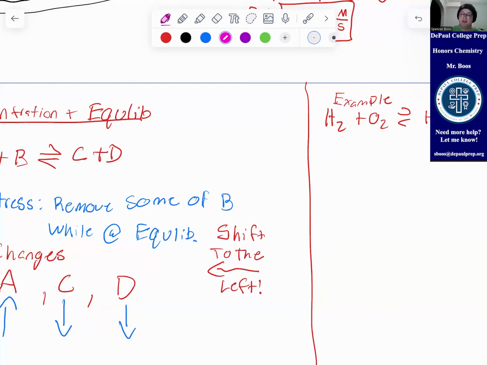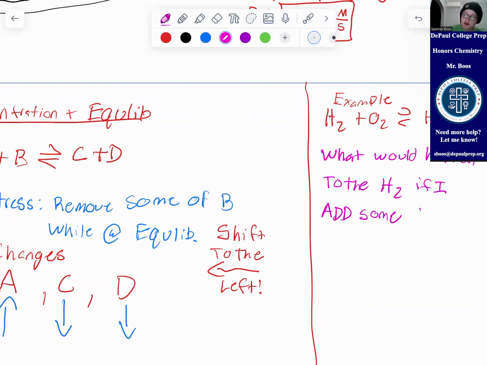What would happen to the hydrogen gas if I add some O2?